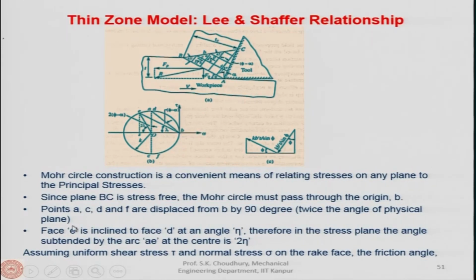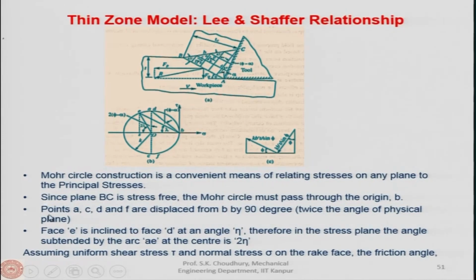Face E is this face. E is inclined to the face D by an angle of phi minus alpha. This angle we already found out earlier, because this angle is alpha and this angle is phi. So, you can find out that this angle is phi minus alpha.